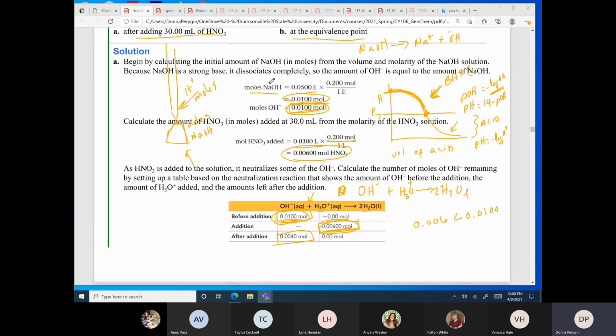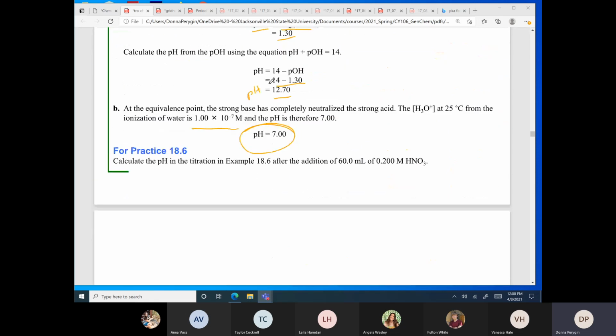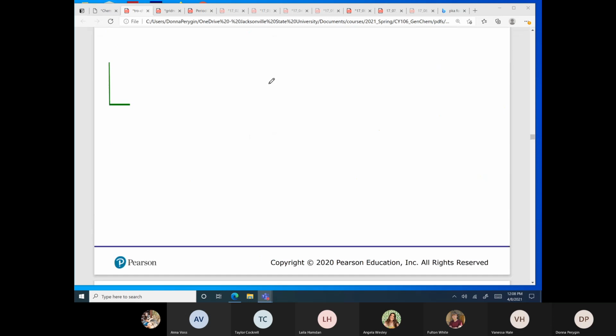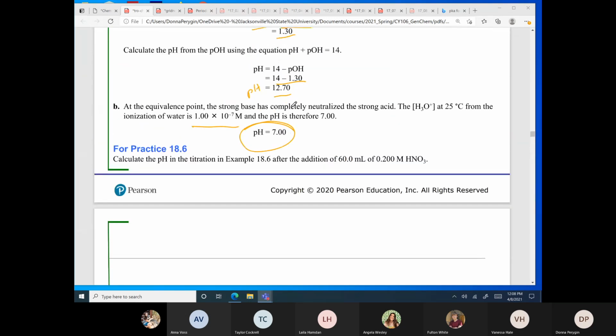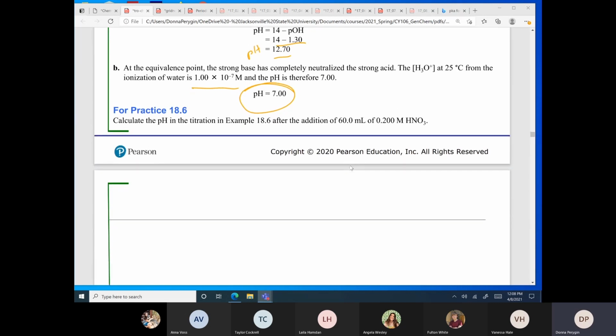That's what we started with, and we're going to titrate that after the addition of 60 milliliters of 0.2 molar nitric acid.